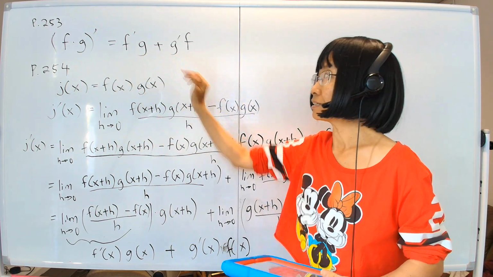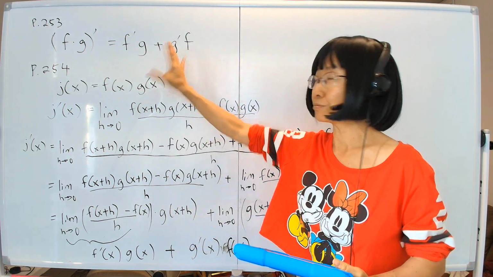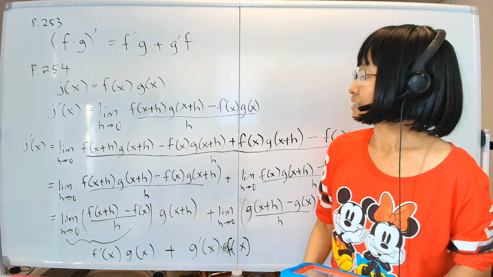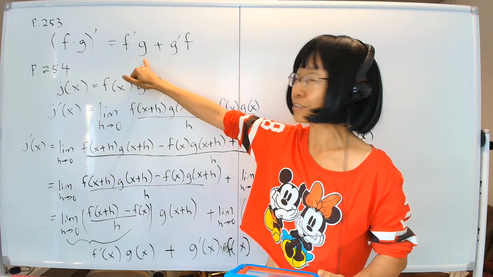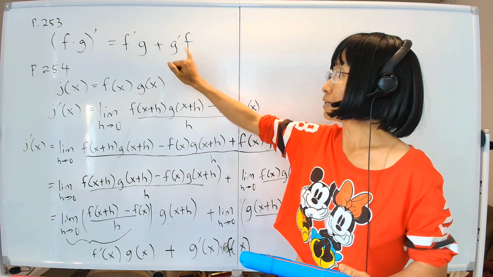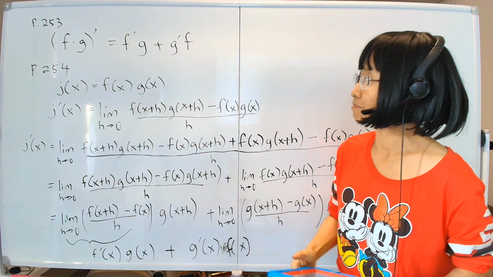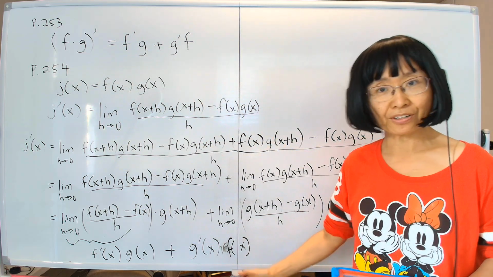It's fairly easy to memorize. It's f prime g plus g prime f. And it doesn't matter which order you say that. That is the prime of one multiplied by the original function of the other, plus the prime of the other function multiplied by the original function of the first. Something like that. And that is the proof of the product rule.